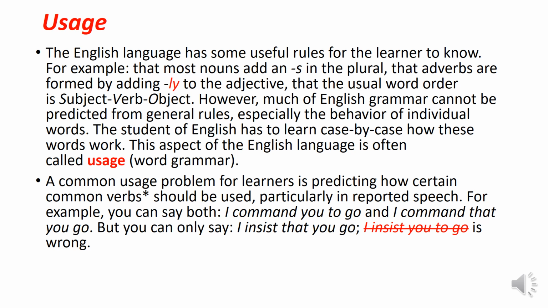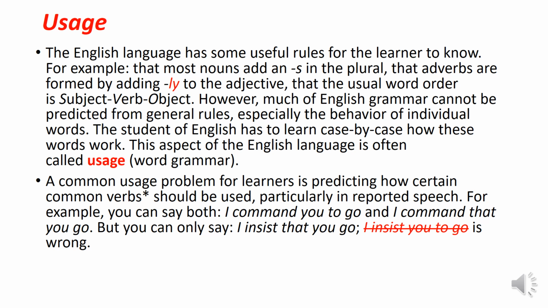However, much of English grammar cannot be predicted from general rules, especially the behavior of individual words. The students of English have to learn case by case how these words work. This aspect of the English language is often called usage or word grammar.